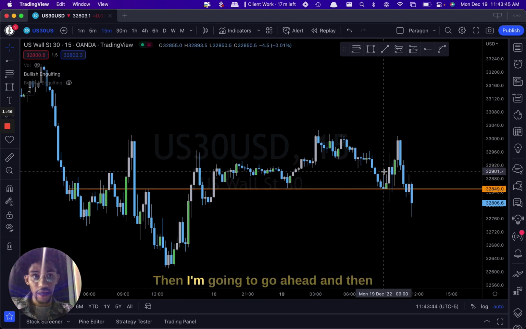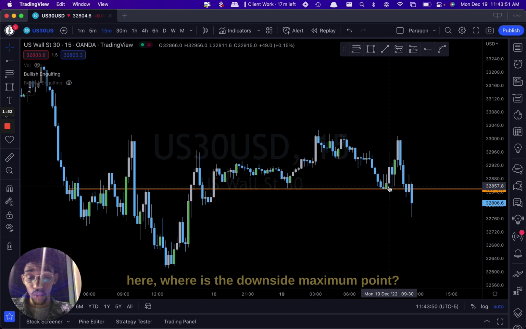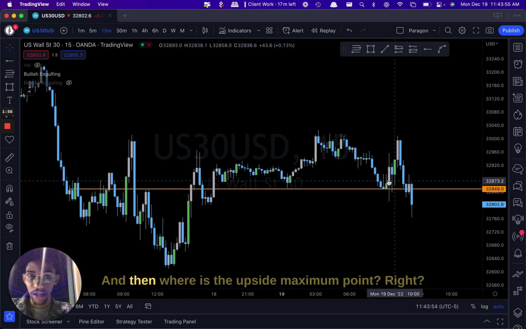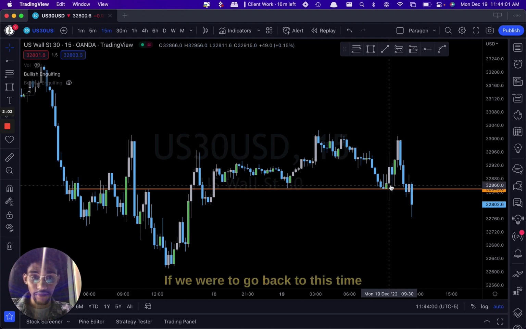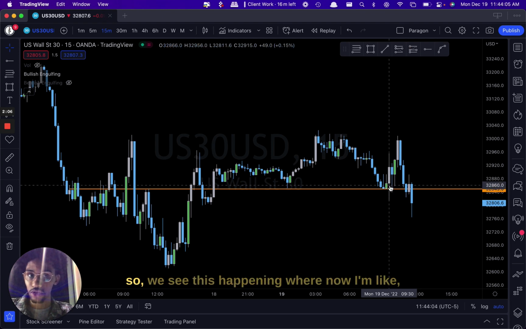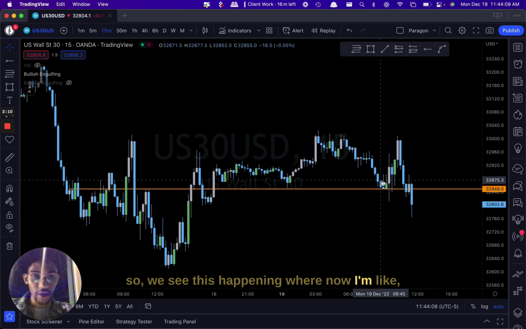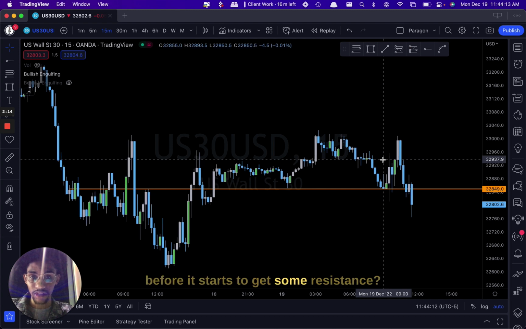Then I'm looking at, hey, if we're bouncing here, where is the downside maximum point, and where's the upside maximum point? If we go back to this time point right here, the opening candles, the opening 15 minutes or so, I'm like, okay, how much higher can it really go before it starts to get some resistance?